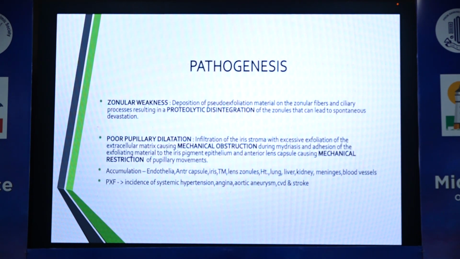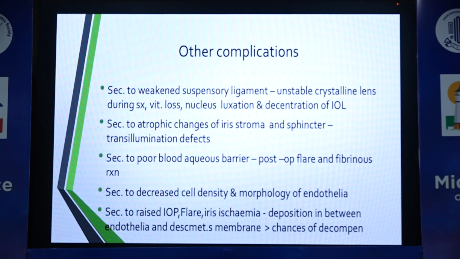The pathogenesis is zonular weakness because of proteolytic disintegration, then poor pupillary dilatation, and the accumulation is at the endothelium, anterior capsule, iris, trabecular meshwork, lens zonules, heart, lung, liver, kidney, meninges, and blood vessels. Other complications are secondary to the weakened suspensory ligament.